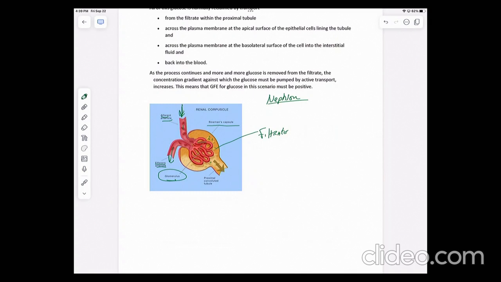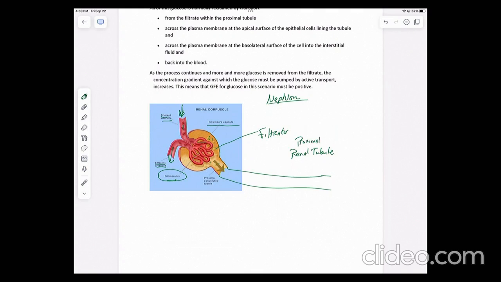As the arrow says here, the filtrate is going to go into a tube, and I'm going to extend this so I can make my point. This would be a renal tubule. Because this part of the renal tubule is closest to the glomerulus, we call it the proximal tubule.